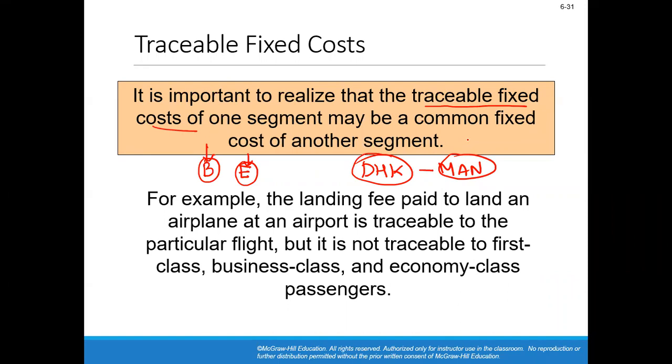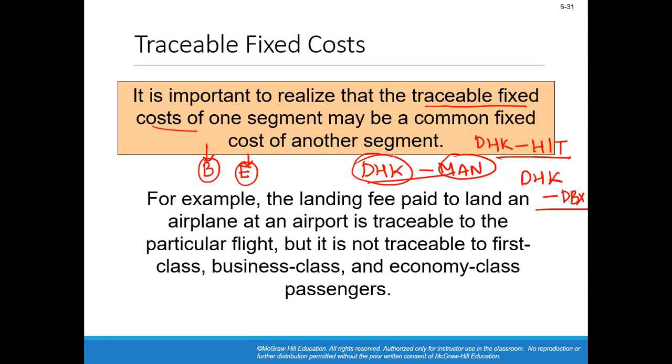Apart from this route, Biman Bangladesh has a flight from Dhaka to London, probably Heathrow Airport. It also has other routes, it can be Dhaka to Dubai, whatever it is. All these routes are different segments.